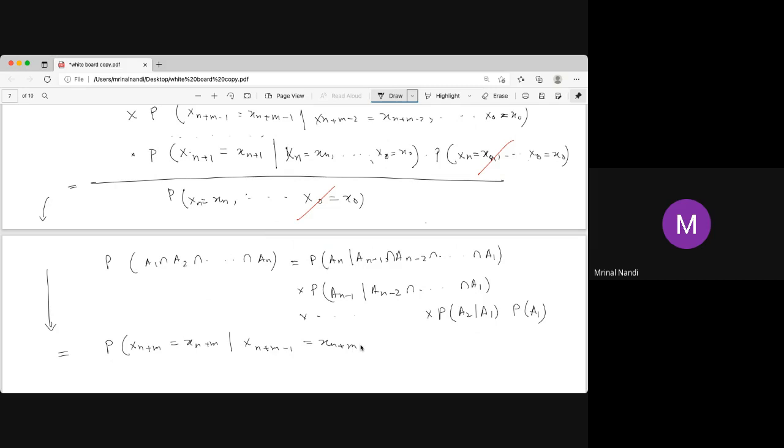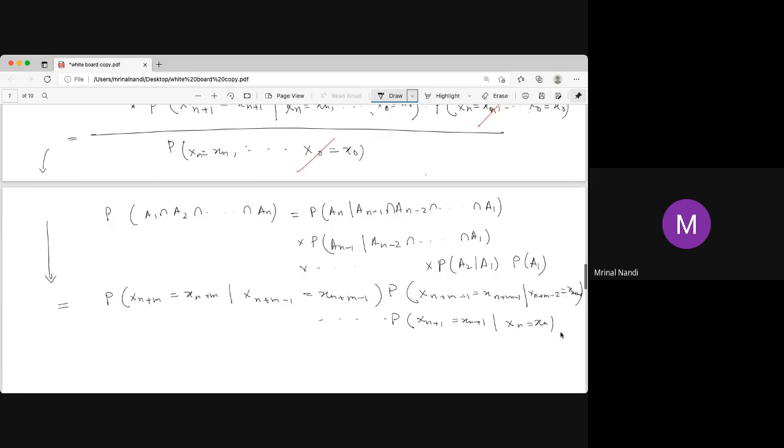No need for the others. Similarly, the next one is the probability of X_{n+m-1} equals x_{n+m-1} given X_{n+m-2} equals x_{n+m-2}, dot dot dot, and the last one is X_{n+1} equals x_{n+1} given X_n equals x_n.